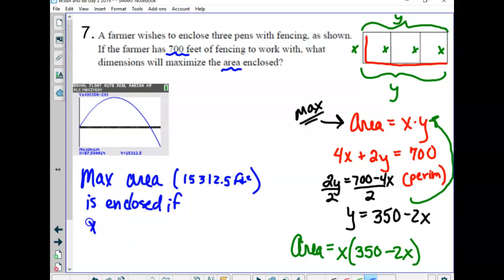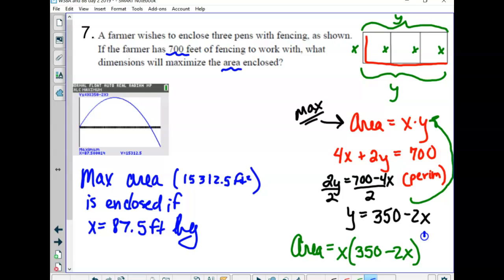Okay, I'm coming. What's the x, guys? 87.5 feet by, we need to find y. Anybody figure out how we could find y?